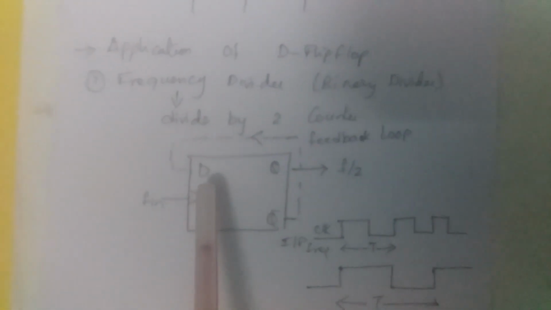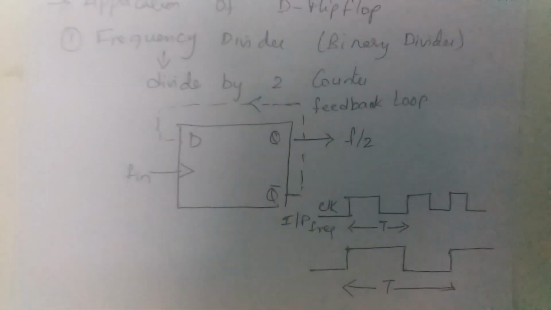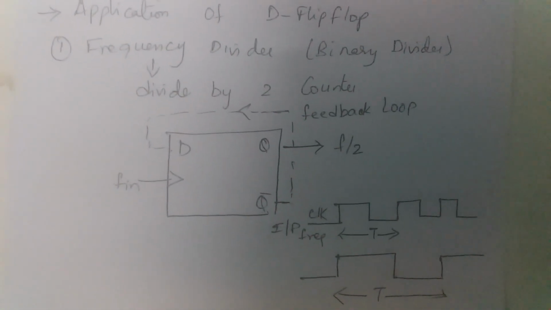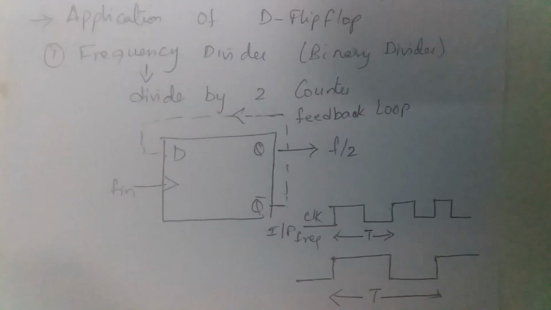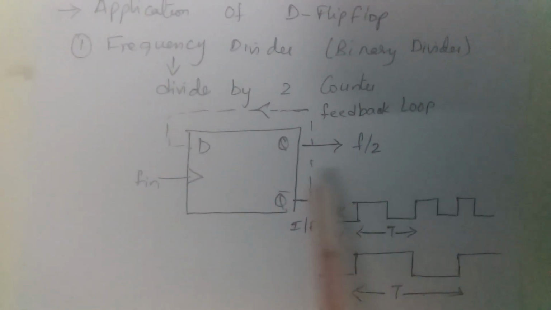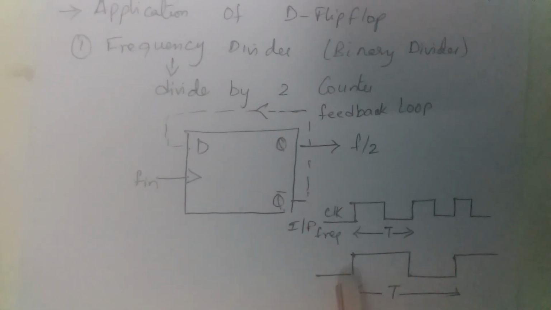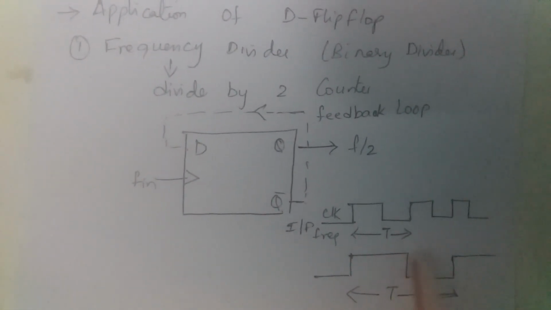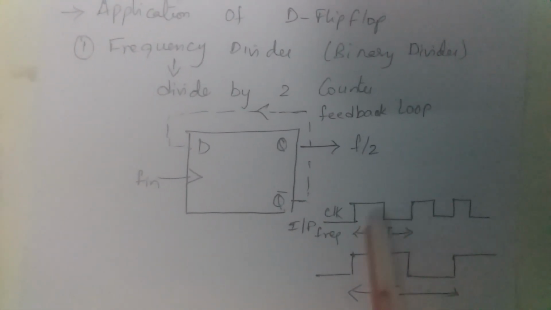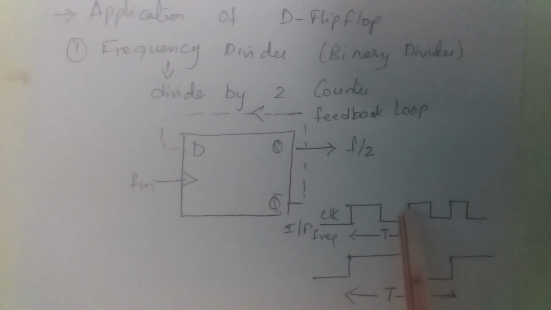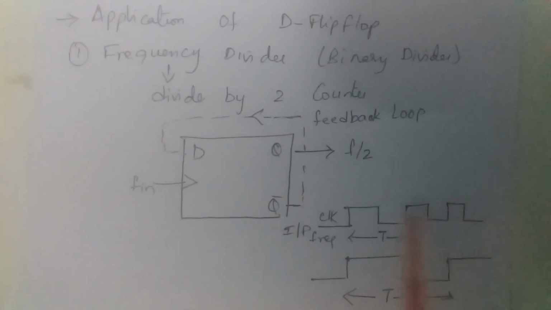Now let's say at the start, when the clock goes high and say D is high, the output also goes high. And this continues in that state until the clock again goes high. By the time the clock goes high, what happens?